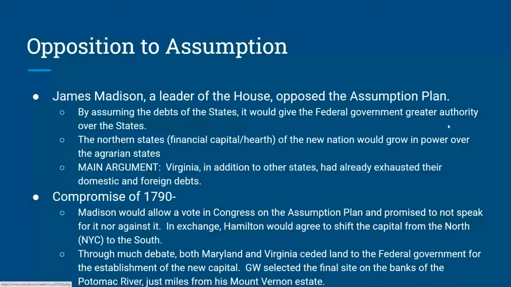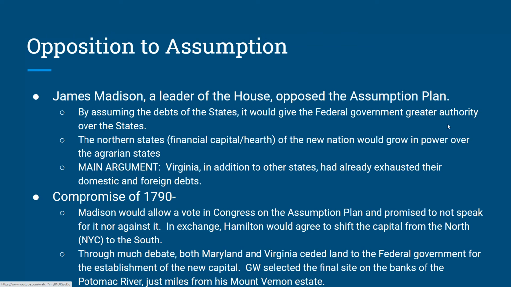They had already paid off their debts. Why should they now have to pay off other states who have yet to exhaust their debts? So eventually, James Madison told Hamilton, we're not even going to consider it. We're not even going to bring it up in Congress.